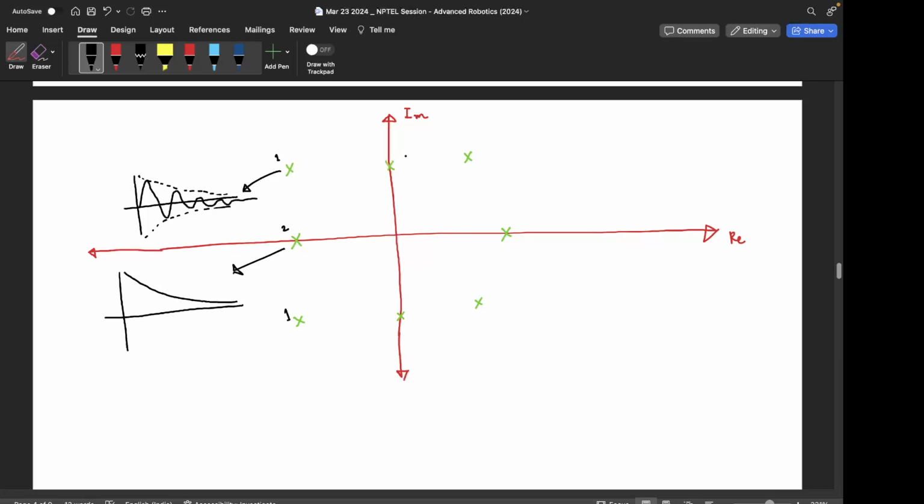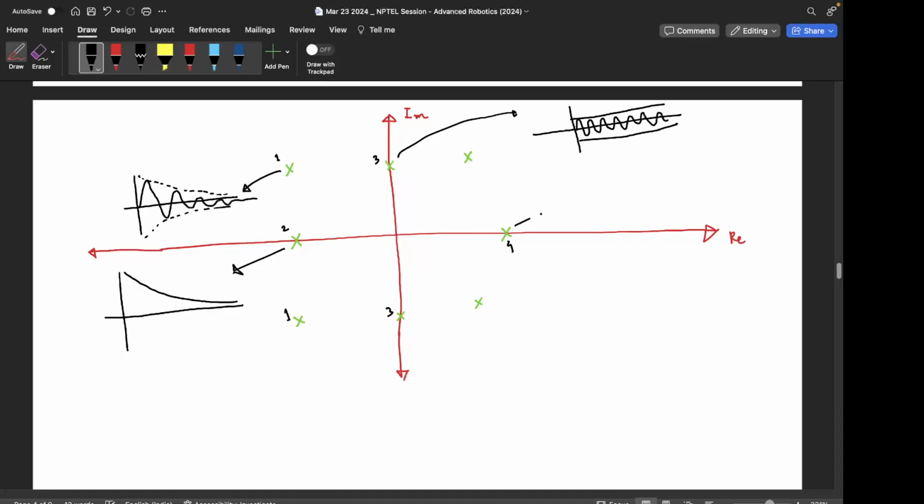Now third case is when it's exactly imaginary. So then there will be oscillations but without any decay, fixed amplitude.